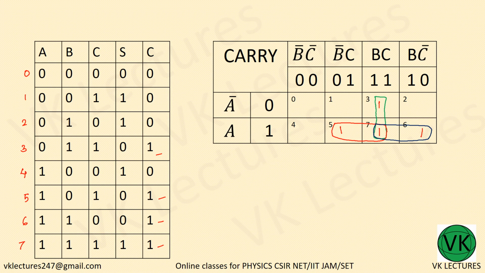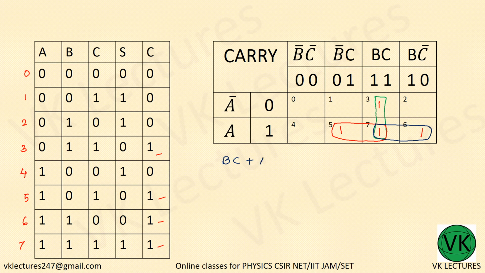In the first group, which is the green, BC will remain, since it consists of A bar and A. In the second group, A will be there, with B C bar and B C, so B bar and B gets cancelled, and C will remain.